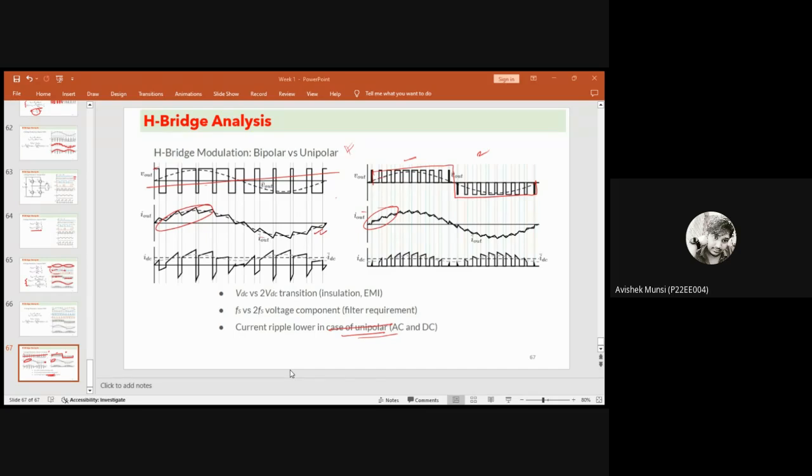I didn't go deep into that because it was discussed by the course instructor in the class. You have to know more about Fourier analysis, after which you will be able to do these things. Try to revise the basics of Fourier analysis, like quarter wave symmetry and half wave symmetry, and then you will be able to solve these things, right? So that's all for the day.